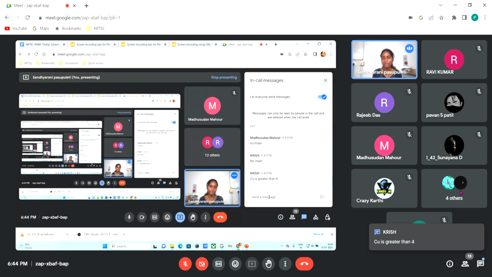Okay, Krish is saying Cu is greater than 4. It is actually 8, so it is actually greater than 4 and also greater than 6. Anything else?